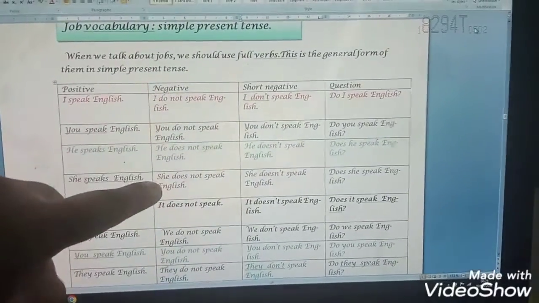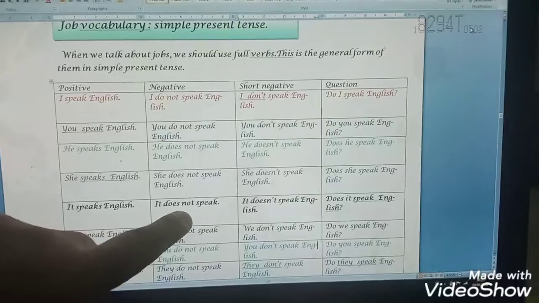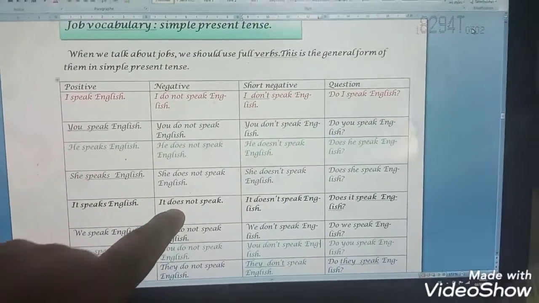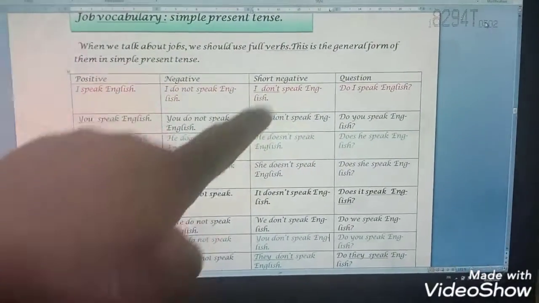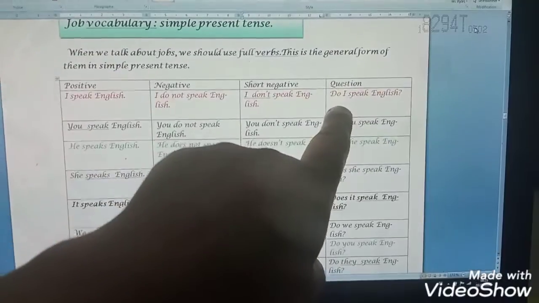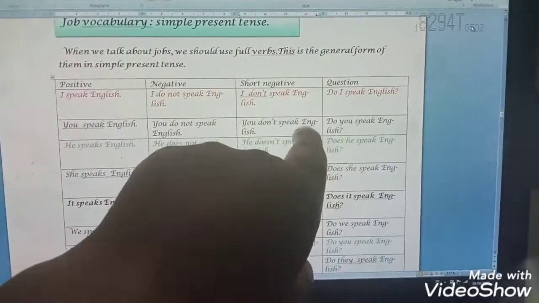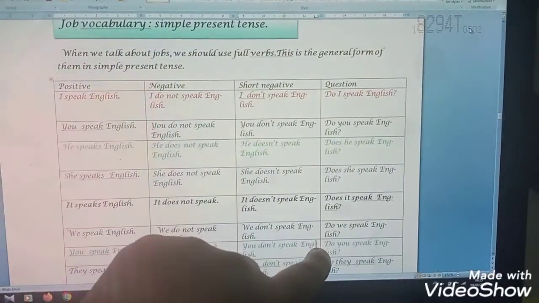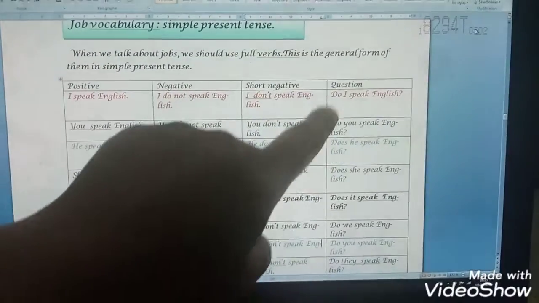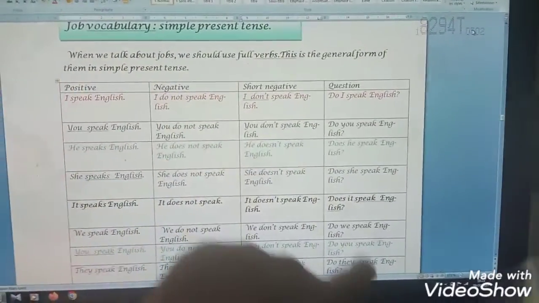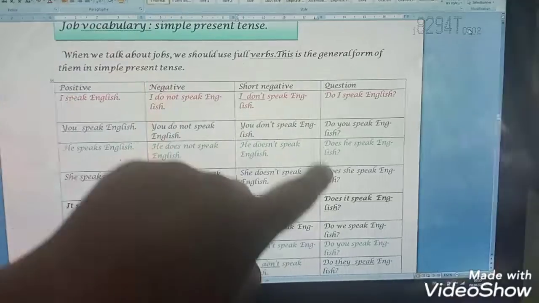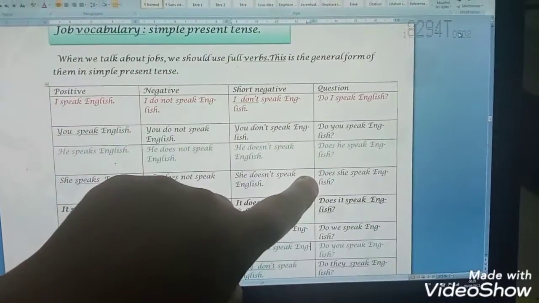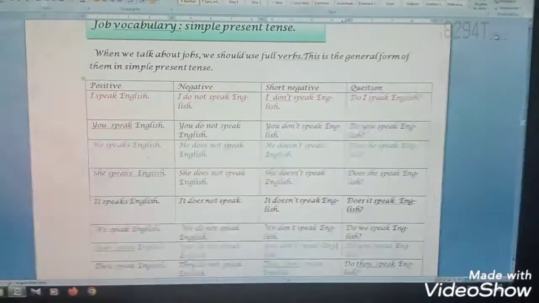But exception with he, she, it, we say doesn't speak. Does not plus verb. The question the same. Do I, do you, do we, do they, plus verb or stem. But with he and she and it, you say does he speak, does she speak, and does it speak.